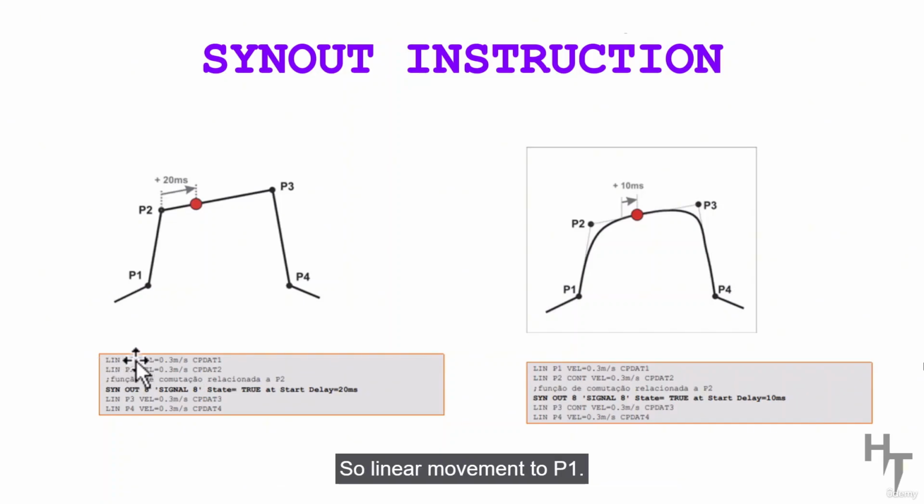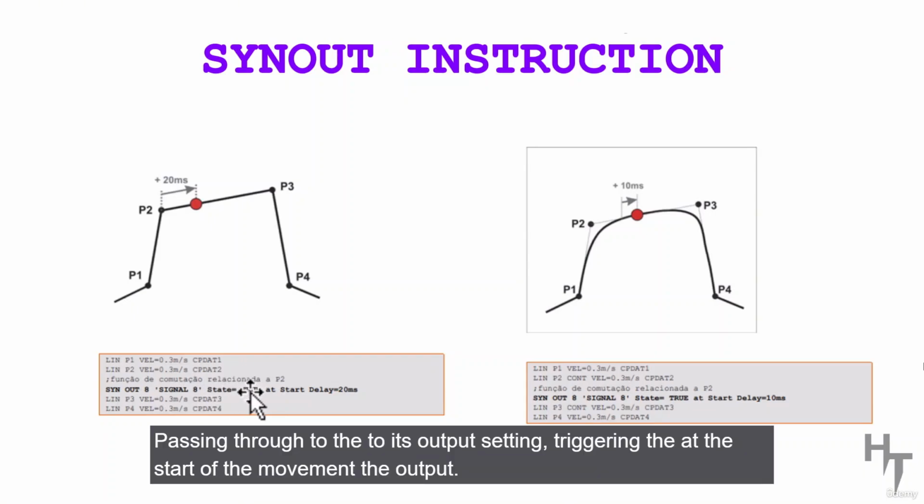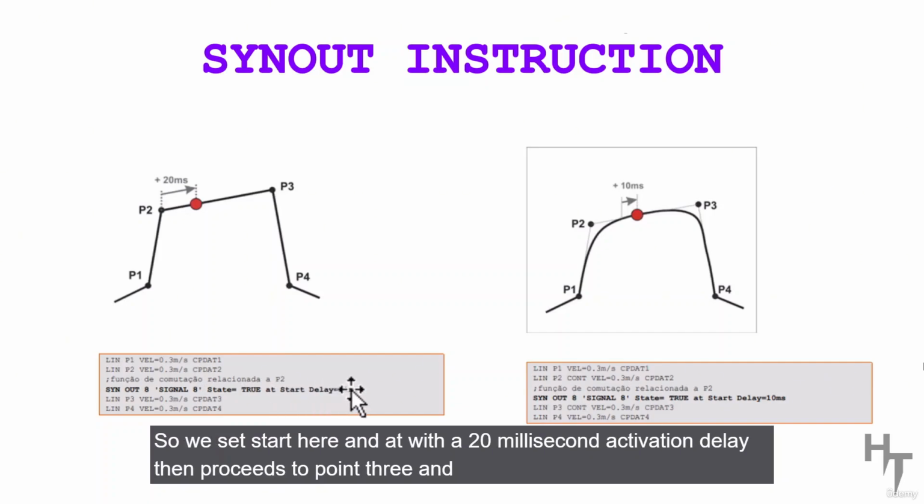So linear movement to P1, linear movement to P2. Then we have the SYN OUT with the comment signal 8 passing through to its output, triggering the output at the start of the movement. So we said start here, and with a 20 millisecond activation delay. Then it proceeds to point 3 and point 4.